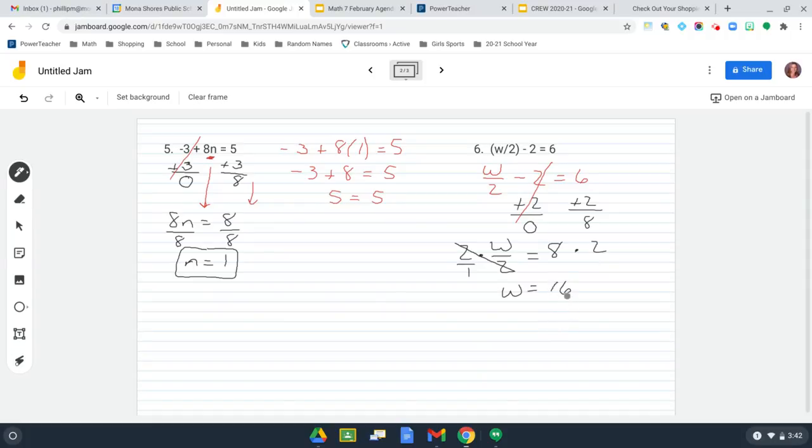If I take that 16 and put it in for W here in this last step, 16 divided by 2 is 8. If I check this whole problem right now, actually let me box this in because this is your final answer.